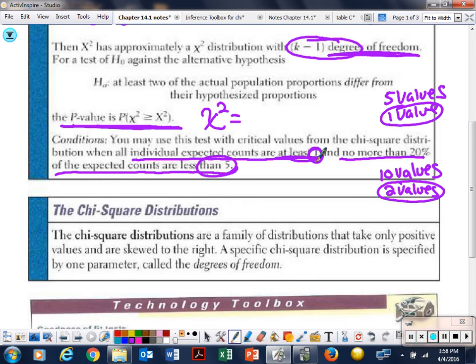All right? The chi-square distributions are a family of distributions that take only positive values and are skewed to the right, as I mentioned when we looked at the table. Again, a specific chi-square distribution is specified by one parameter called the degrees of freedom.